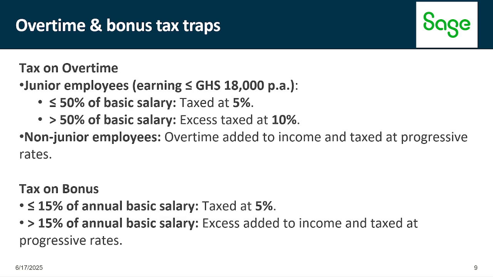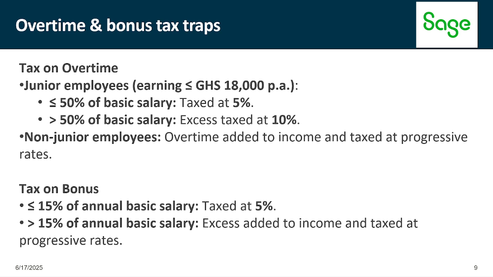So we take the 50% of your basic salary, which is 750 of the overtime, and we tax it at 5%. Then the excess, which is also 750, will be taxed at 10%.